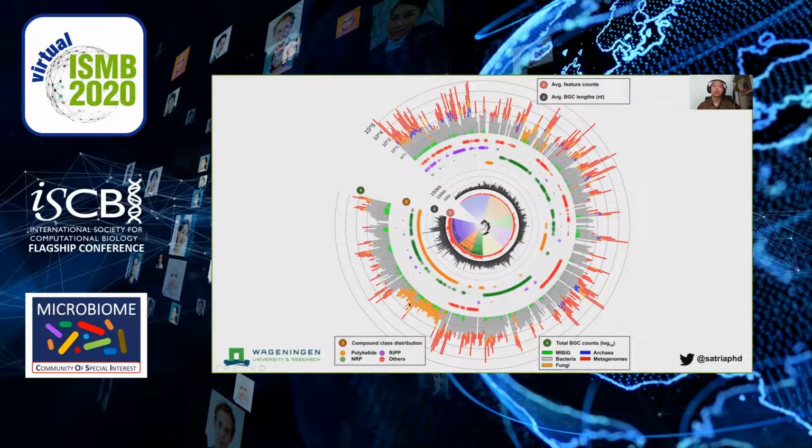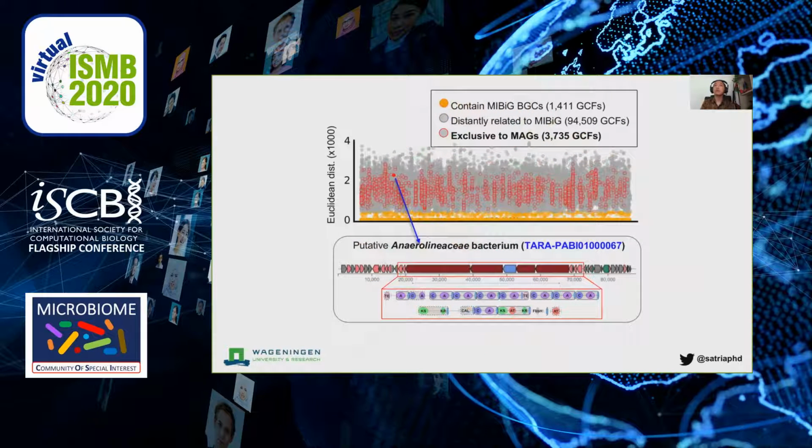For example, here on this orange split, you see polyketide and NRP BGCs exclusive to the fungal genomes, which are actually pretty distinct compared to the bacterial ones. And you can also use this result to measure how much underexplored BGC diversity there really is.